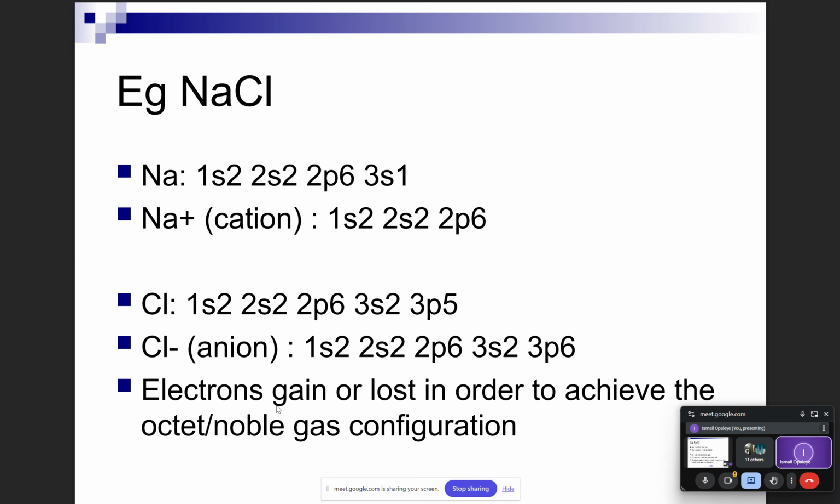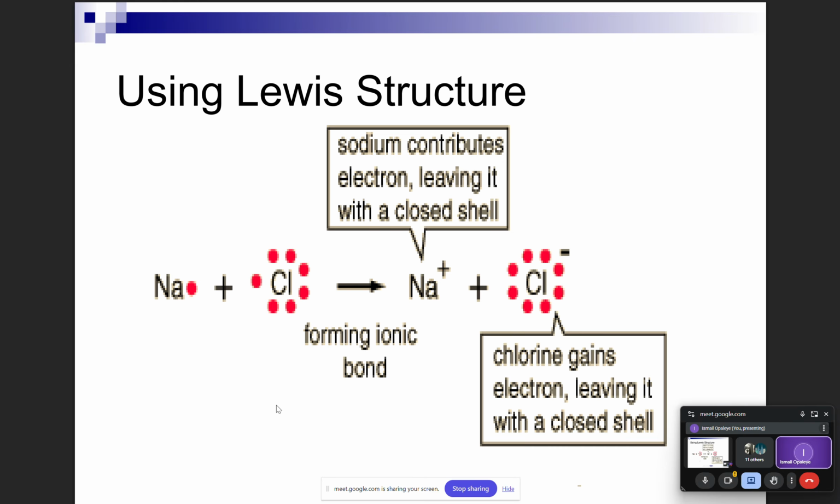Okay. So using the Lewis structure, from the Lewis you're able to point out which one is donating, and where the electron is going to. So usually when you're drawing a Lewis structure, look at sodium for example.